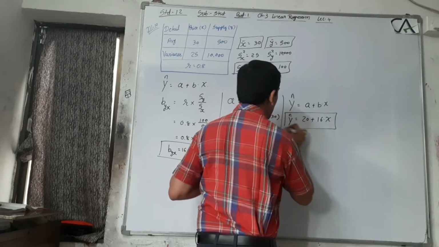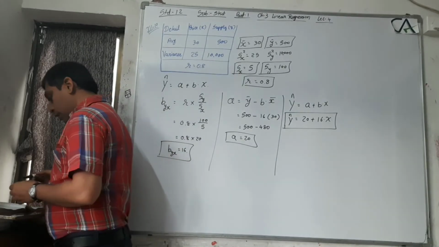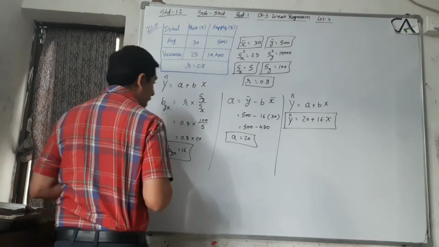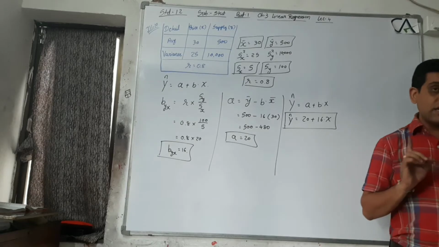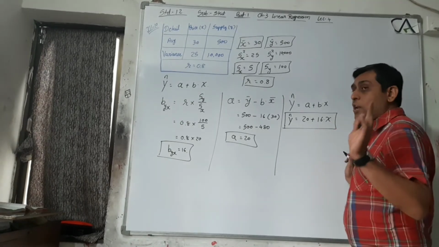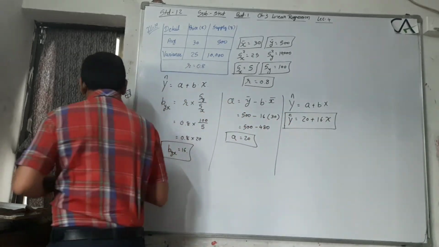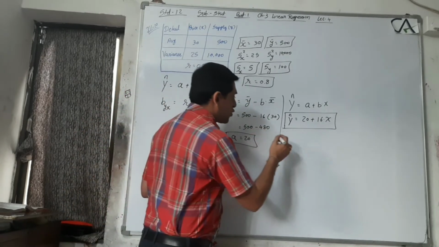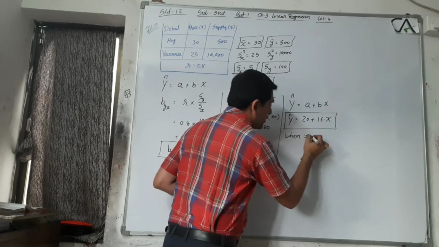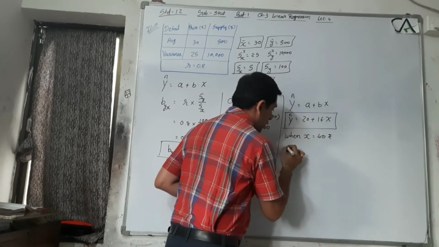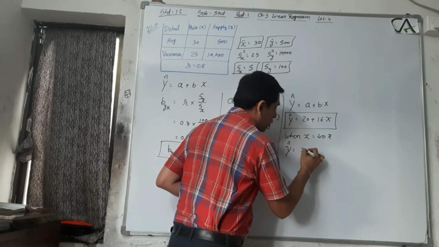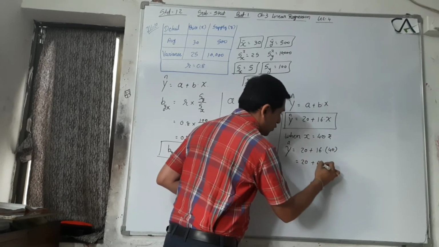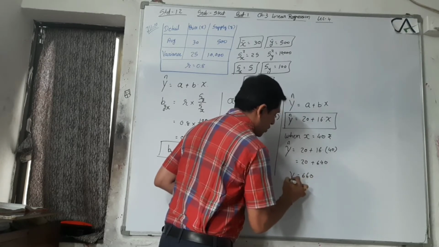Here is your first question answer: obtain the regression line of Y on X. But here they don't ask us to obtain the regression line of Y on X. They directly ask that if the value of X is 40, then what is the estimated value of Y. So first of all we have to find out Y cap, that is the regression line, and then write that when X is equal to 40 rupees, the estimated value of Y is equal to 20 plus 16 into 40, 640, so 660.